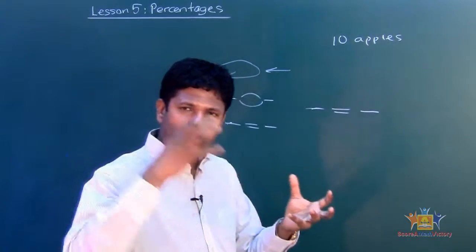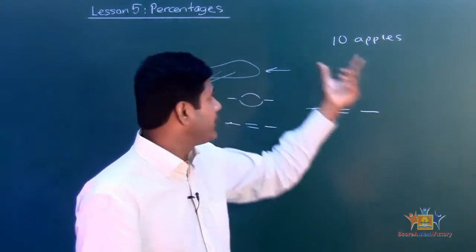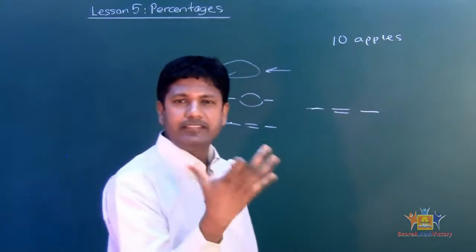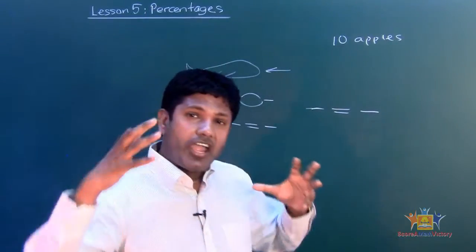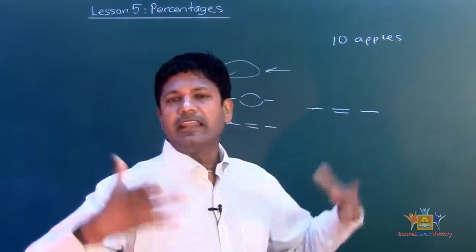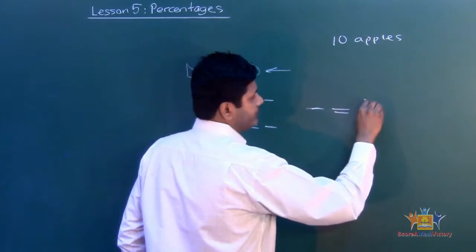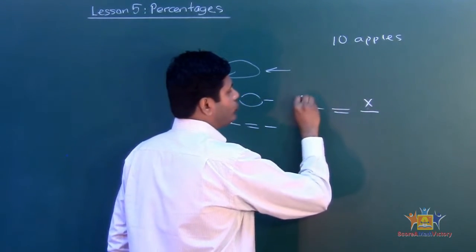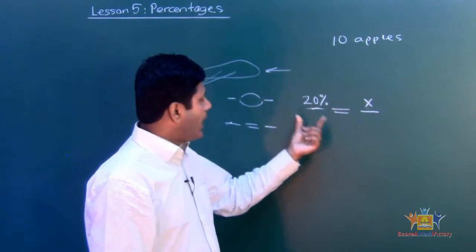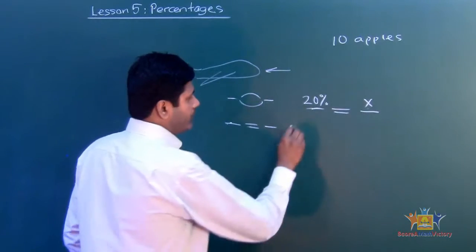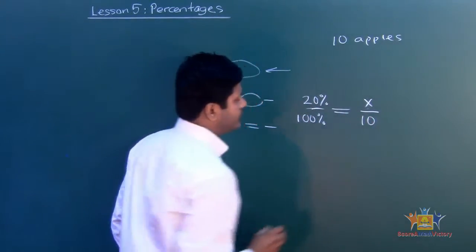I'm looking for the number of apples that are rotten, which I don't know. I assign a variable, a letter, for what I don't know. In this case I'm going to say X. The X is the 20%. Now the 100%, I'm going to put right here, which is the 10 apples. See that?